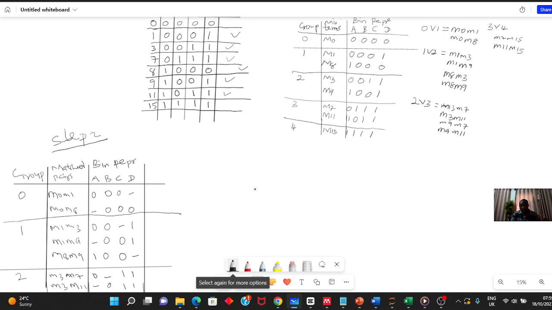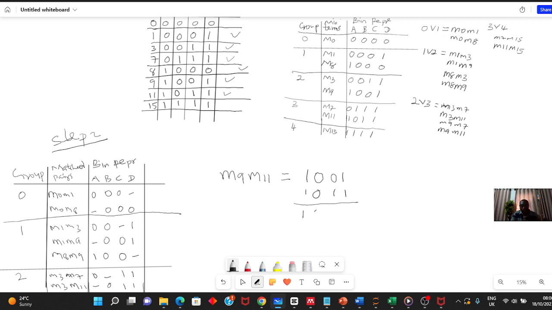So let's see M9, M11. M9 is 1, 0, 0, 1. M11 is given to be 1, 0, 1, 1. So 1 mapping 1, we have 1. This is 0, this is dash, and 1.